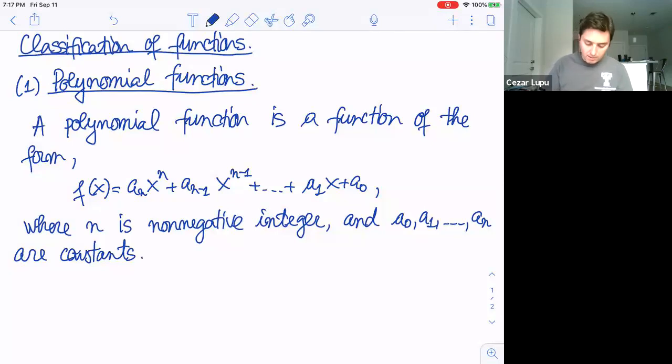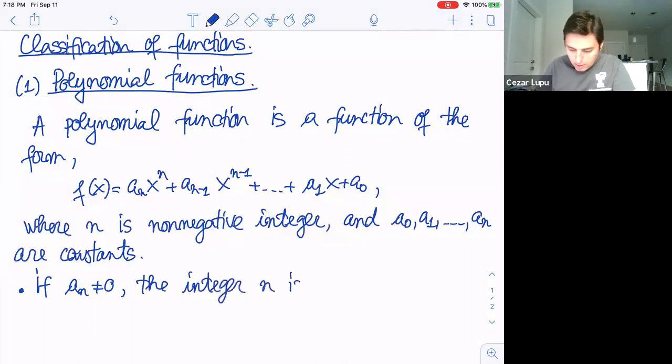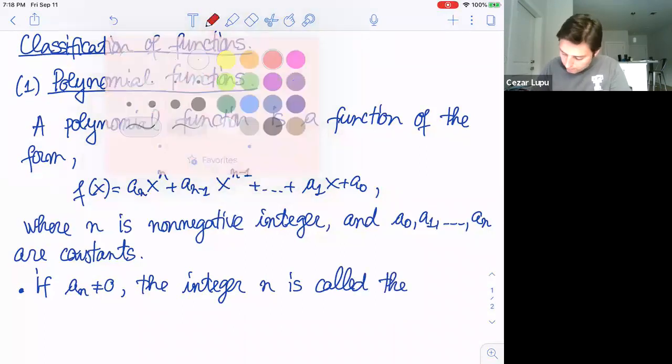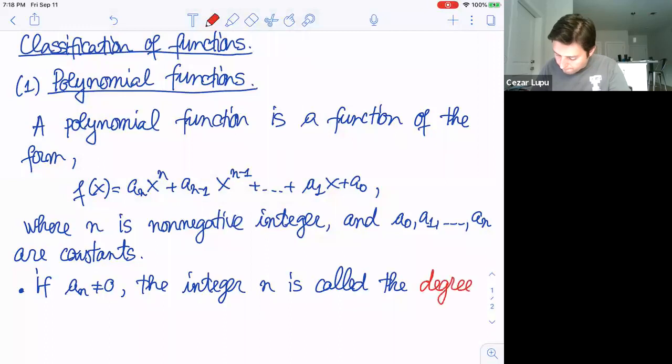Anyway, let's just say a few things. If a sub n, what we will call the dominant coefficient, is non-zero, the integer n is called the degree of the polynomial.